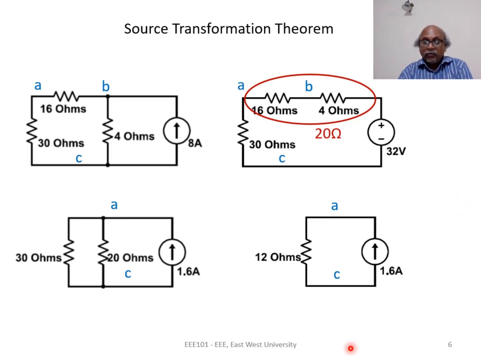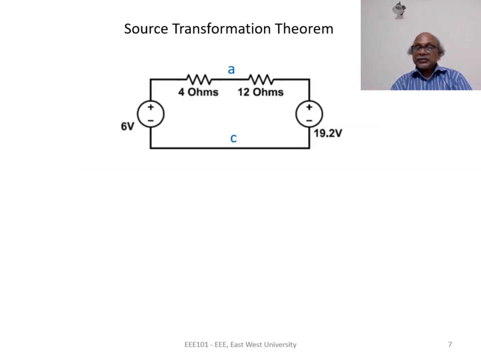If necessary, we can transform this parallel combination of 12 ohms and 1.6 ampere again into a voltage source in series with a resistance. If we do that, this is the circuit we get. On the right hand side, we have 12 ohms and the voltage source is 19.2 volts because this is 12 times 1.6.